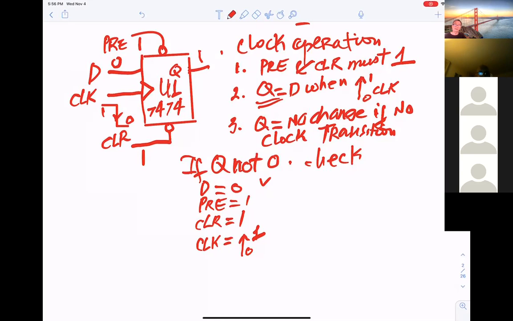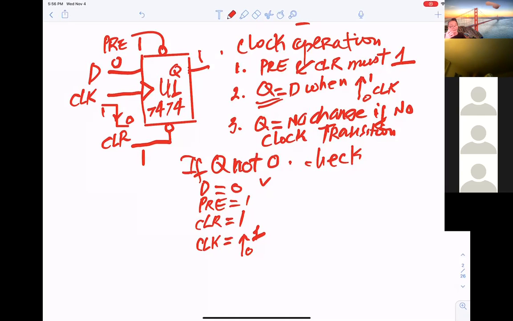The clock is not going 0 to 1. Yeah, it's going 1 to 0. The clock is going the wrong way. Right, so that's why Q cannot be equal to D. Q only equals D when the clock goes 0 to 1. In this case, the clock goes from 1 to 0, so Q cannot be jammed.